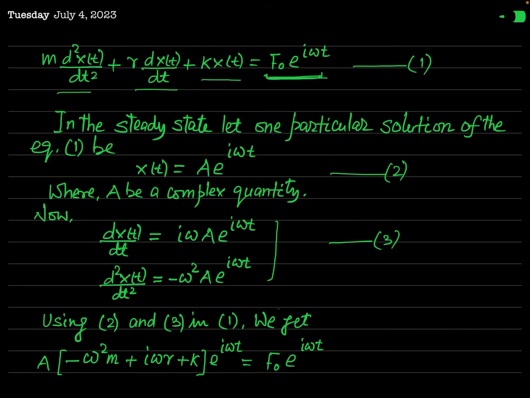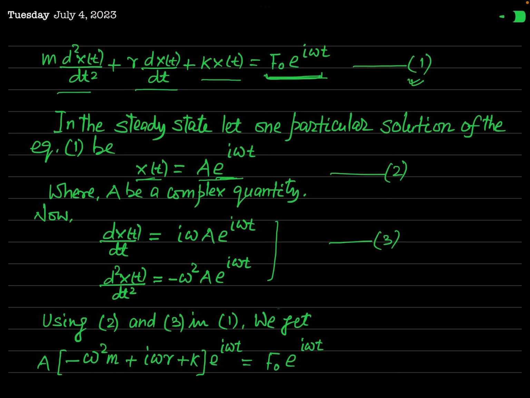And hence you can take a particular solution of this equation 1 in this form, that is x of t equal to a times e to the power i omega t. You can see here x is the displacement of our system from its equilibrium position, and this factor e to the power i omega t is just an oscillatory quantity.